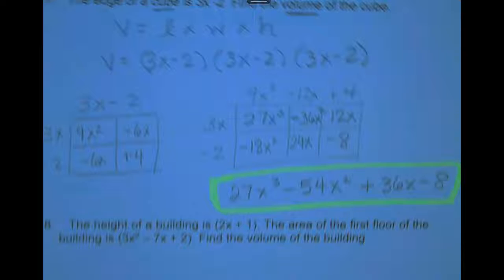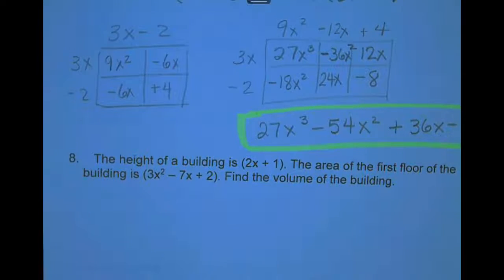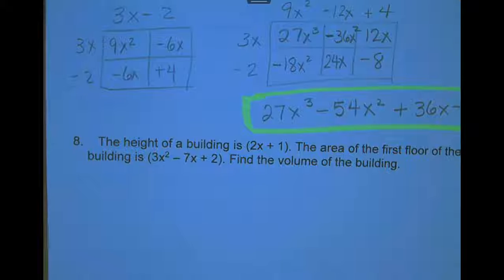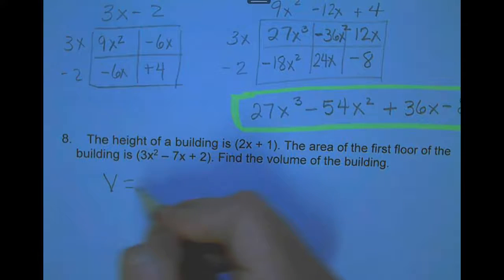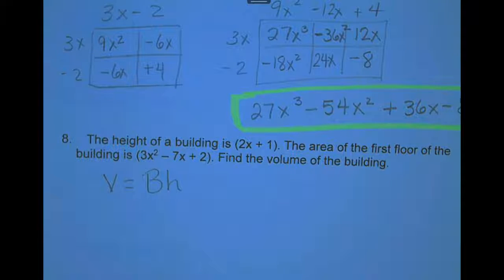The last example is asking about a volume of a building. On the volume of a building, do you remember that the volume is capital B times H? Do you remember what capital B stands for? Capital B does not stand for base.